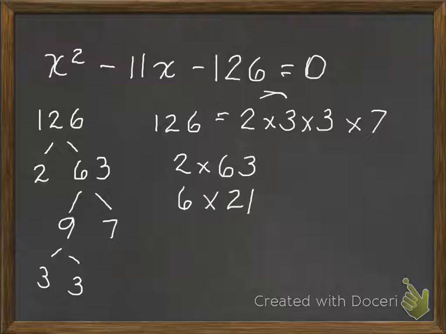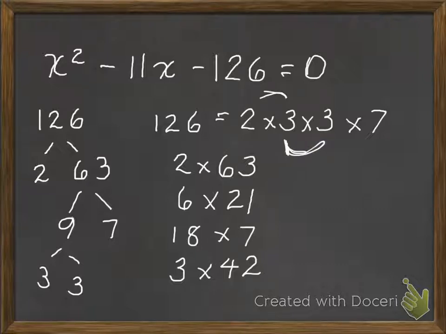And then 6 times 3 is 18 times 7. And then we also have this 3 times all of the rest, 3 times 42. And then this 9 times this 14.